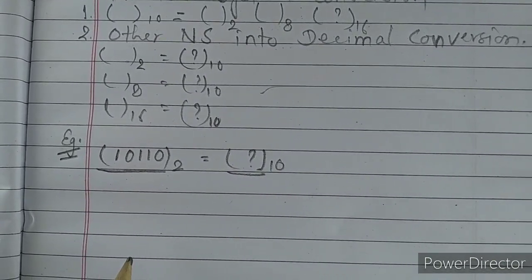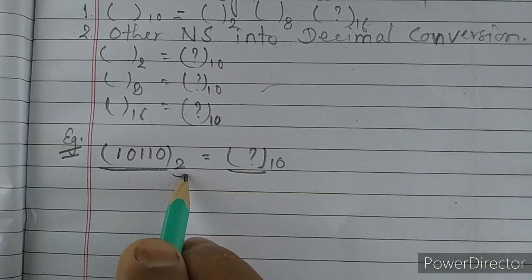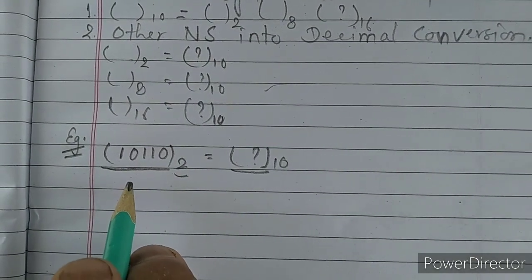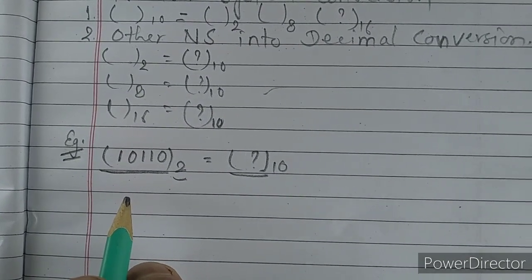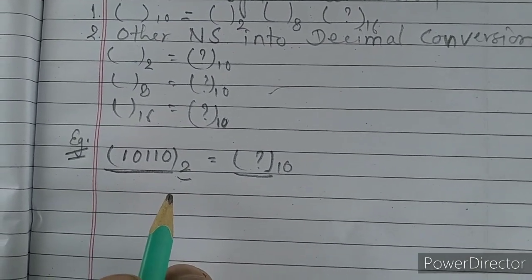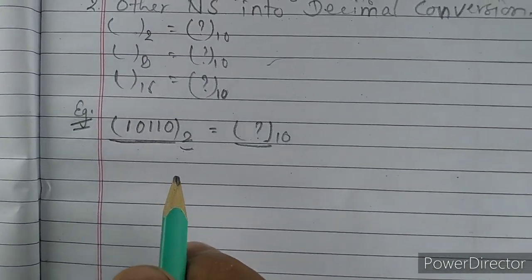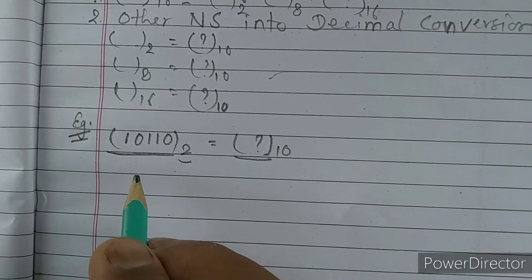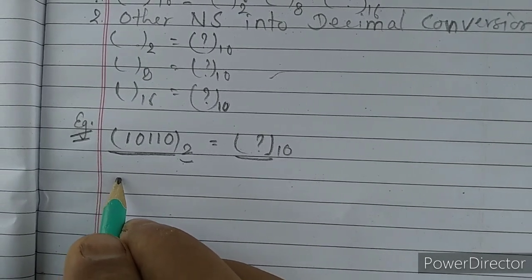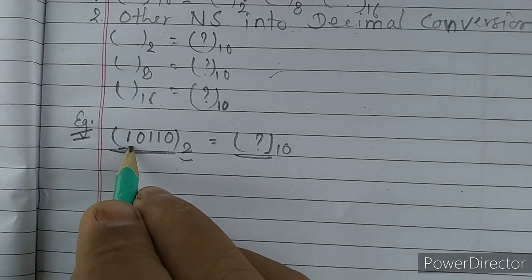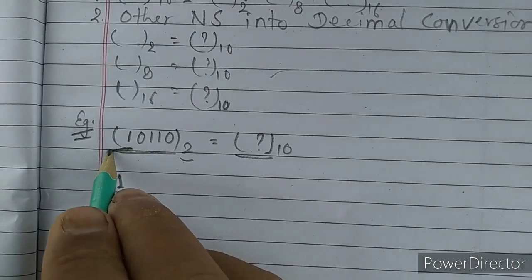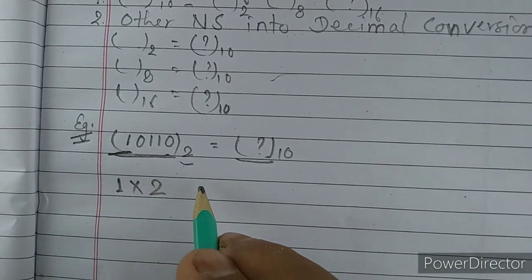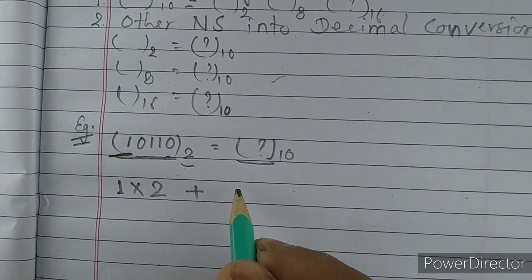In this form we multiply each binary digit by 2, give the power to that 2, and then calculate. First I'm going to calculate in the horizontal way. Let's start from left to right. We will multiply each digit by 2 and add them separately.